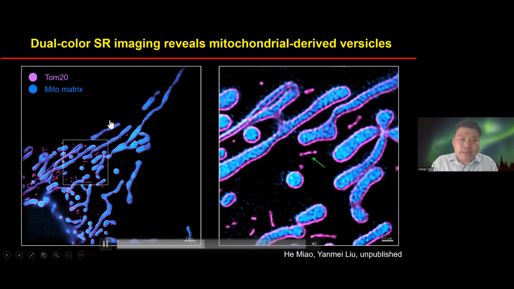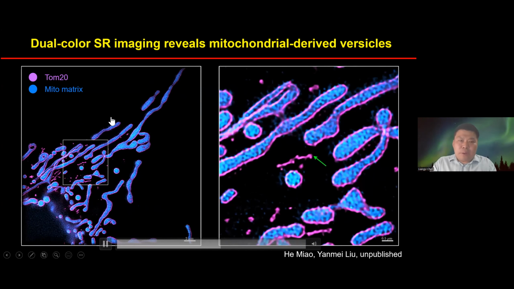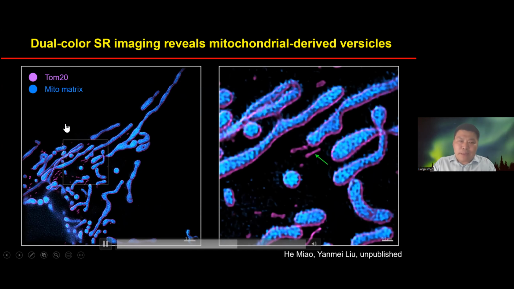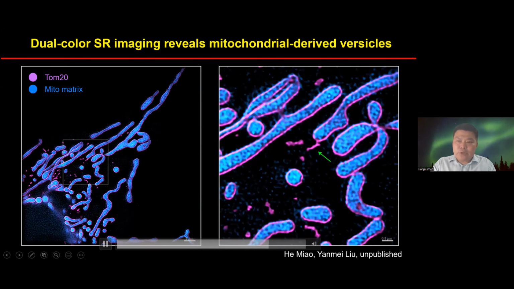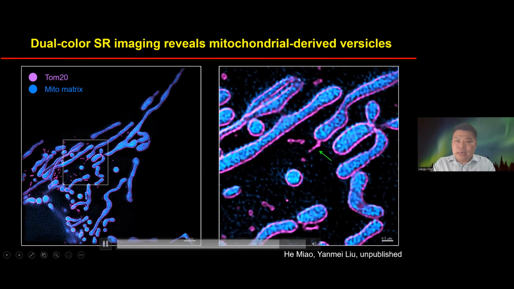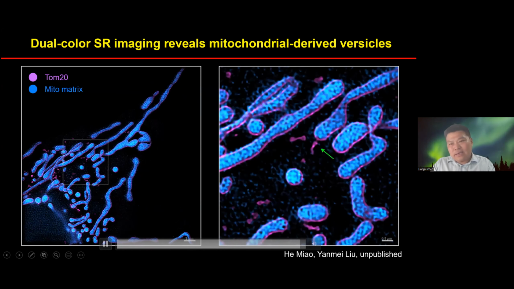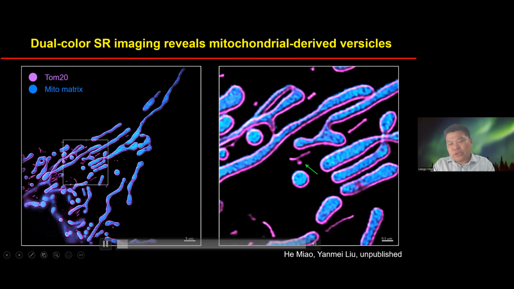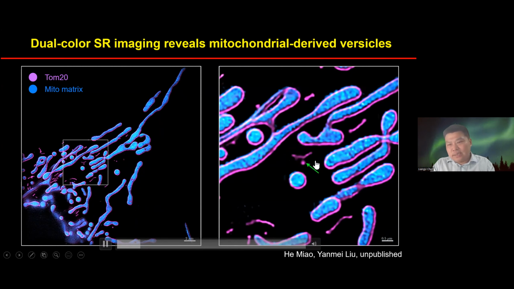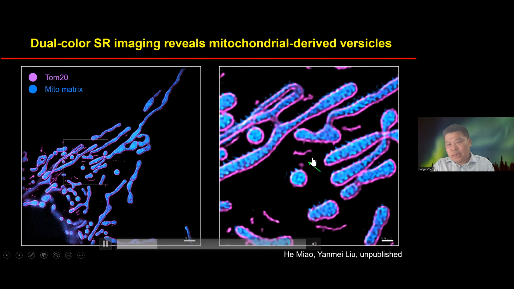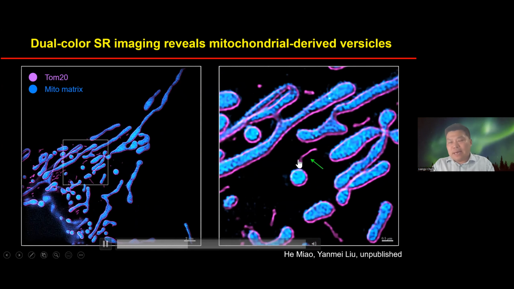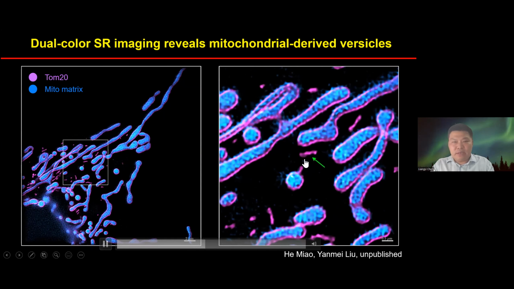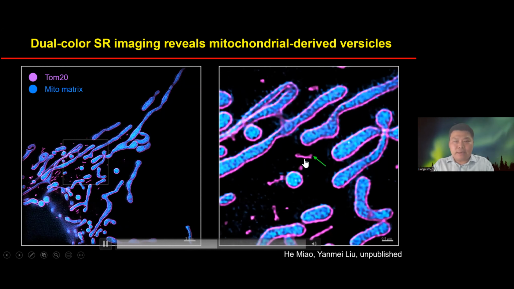Here we show an example of both the mitochondrial outer membrane and the mitochondrial matrix. And for this matrix protein, you can also see a crystal-like structure. And you can see this with only TOM20 structures, which are probably mitochondrial-derived vesicles, MDVs, very dynamic.